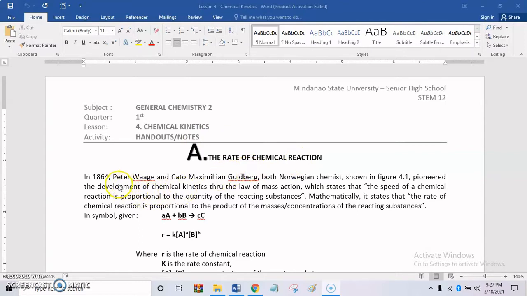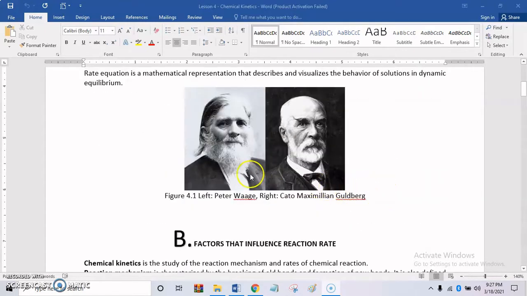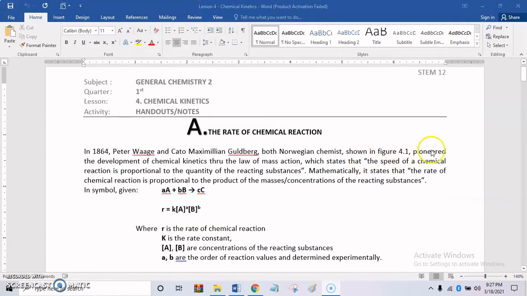In 1864, Peter Waage and Cato Maximilian Guldberg, both Norwegian chemists, shown in figure 4.1, pioneered the development of chemical kinetics through the law of mass action, which states that the speed of a chemical reaction is proportional to the quantity of the reacting substances.